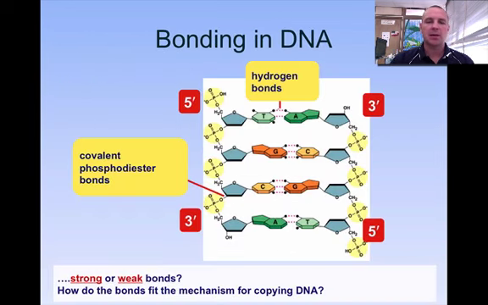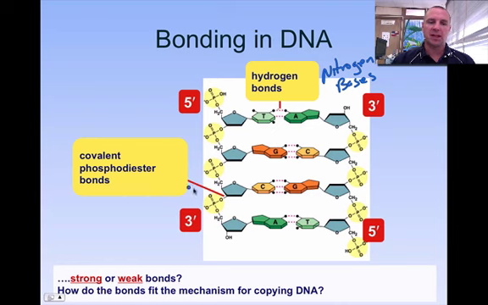Now when you look at the DNA and how it's bonded, there's a couple of bonds that you need to know about. Hydrogen bonds are what are formed between the nitrogen bases. And think about it, these bonds are really weak.